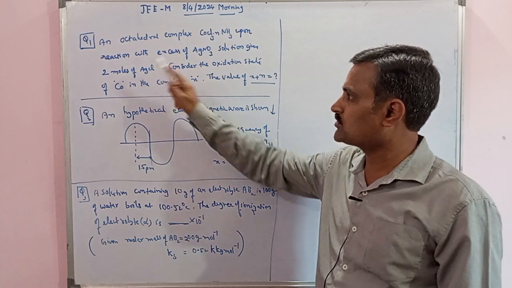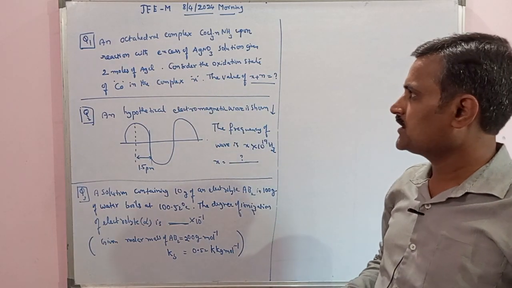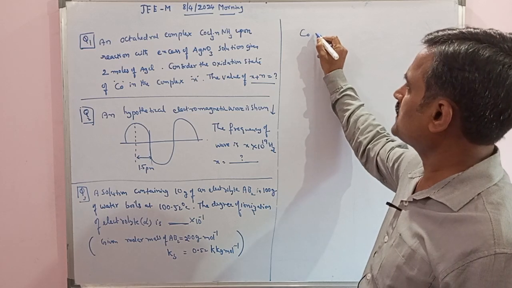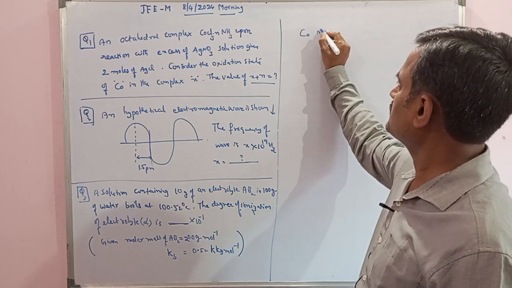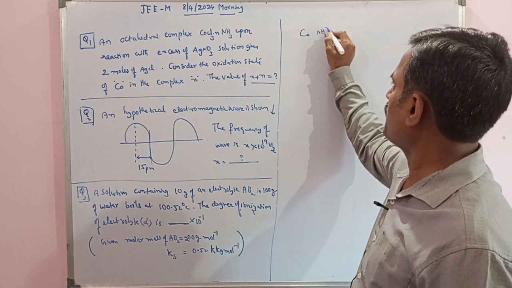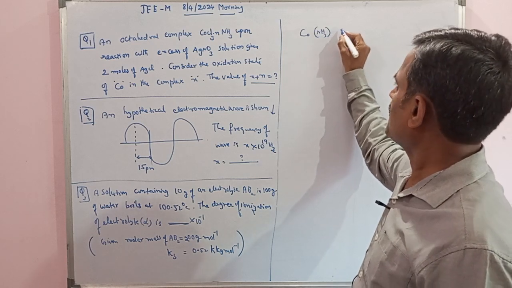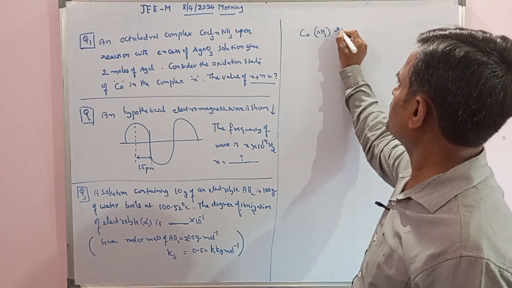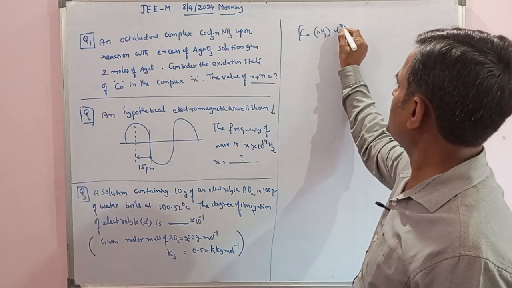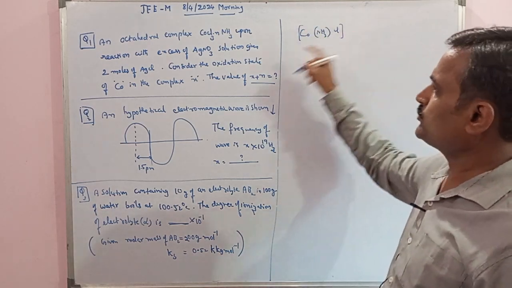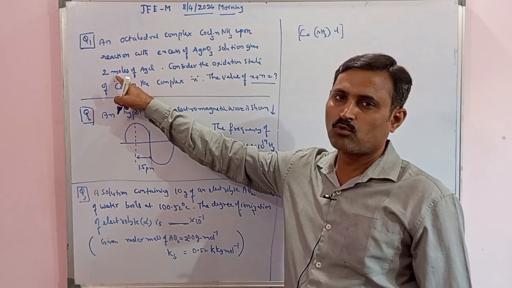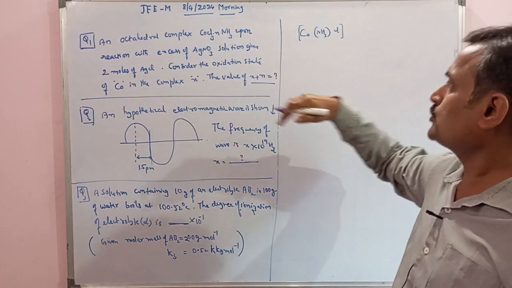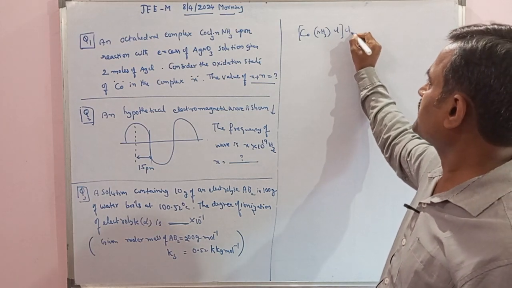Here 2 moles of AgCl are formed. What do you mean by 2 moles of AgCl obtained in the reaction? It means there are 2 chlorides present in the ionization sphere.